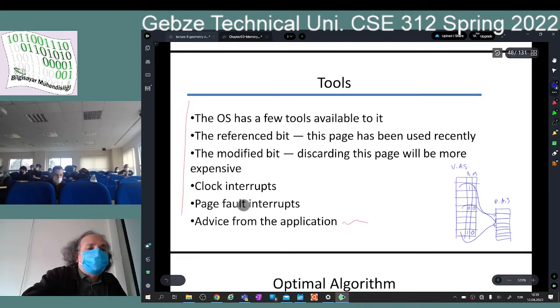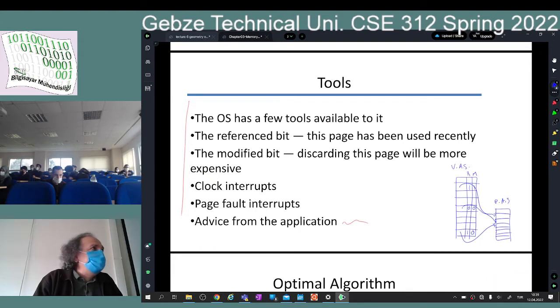The other one is page fault interrupts. Who produces the page faults? Of course, the memory management unit. As a program, I say that I'd like to access this memory location, and the memory management unit says that the memory location you are trying to access is in a page, and that page is not in the memory. So it causes a trap, it causes an interrupt.